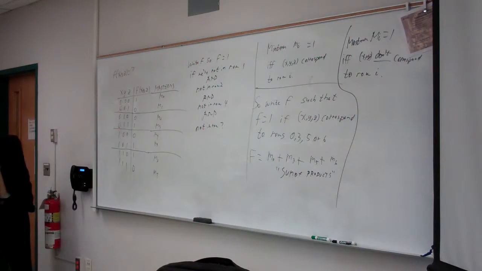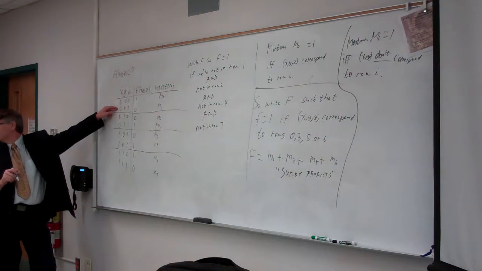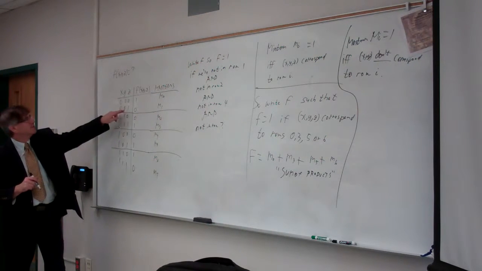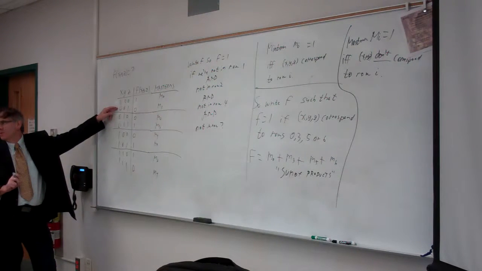So how do we write an expression that's 1 only when we're not in this row? So if we're in this row, x is 0, y is 0, z is 1. So if we don't want to be in this row, what can we say about x, y, z? They're not 0, 0, 1. How else can we say that?